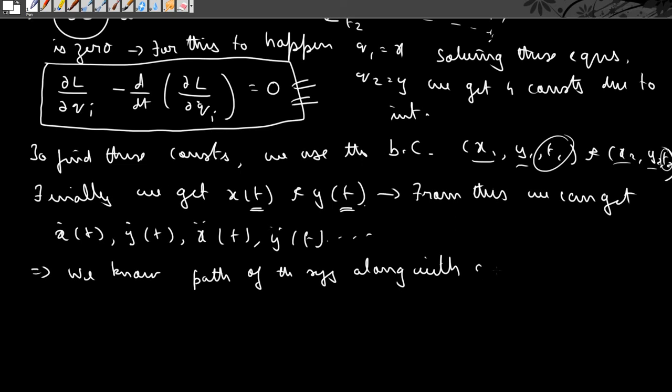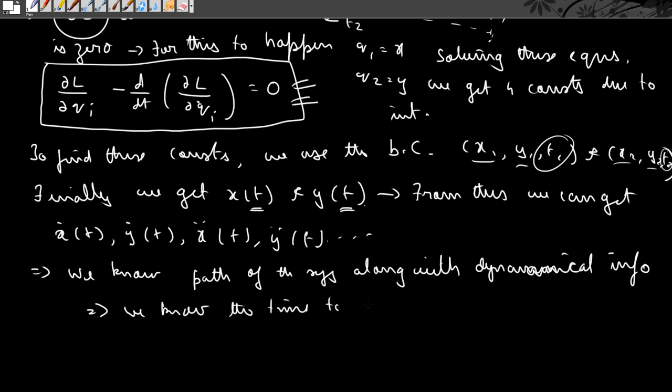Along with dynamical information, which means that we know the time taken by the system to traverse this path. This is what we get.